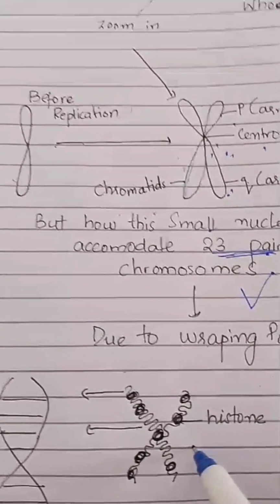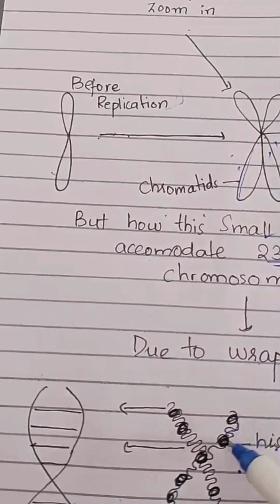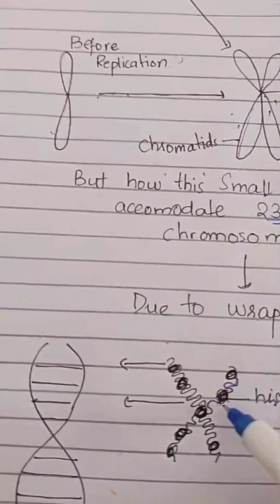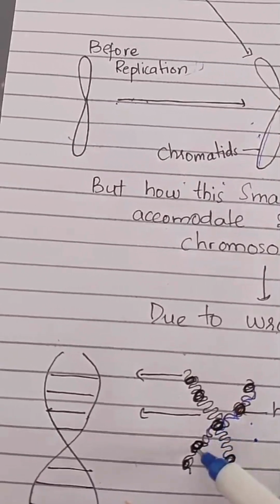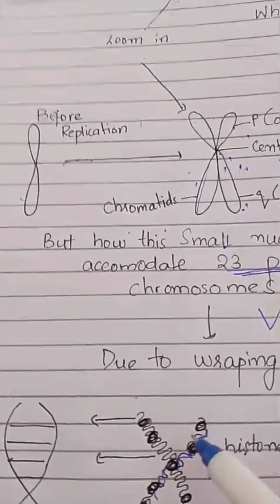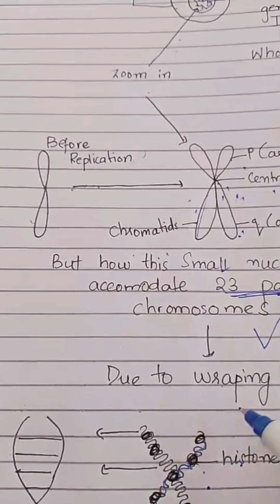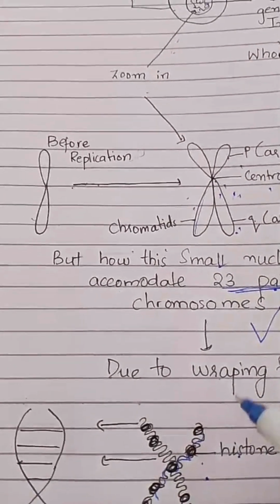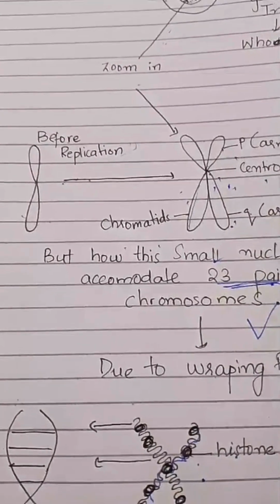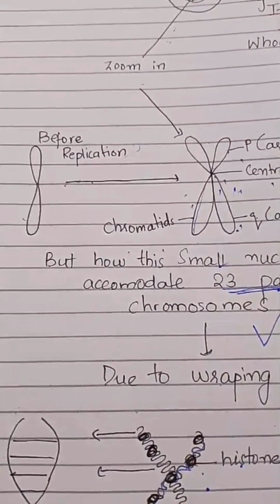When the DNA wraps itself around the histone protein, it is able to fit in the very small nucleus, because the estimated size of the DNA is like the distance from the sun to the earth. That is a huge gap between the sun and earth.